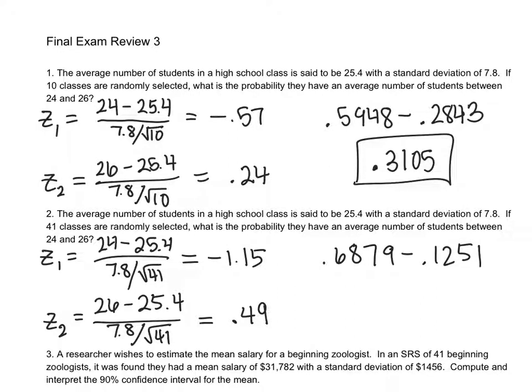So we can see how the 0.49 increased the first value, but the negative 1.15 decreased the second, which is going to give us an overall probability of 0.5628. So again, we can see that the probability changed significantly by over 20% just by increasing our sample size.